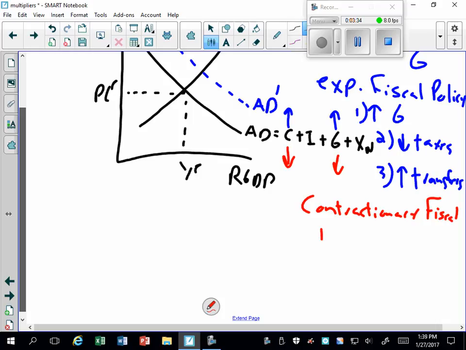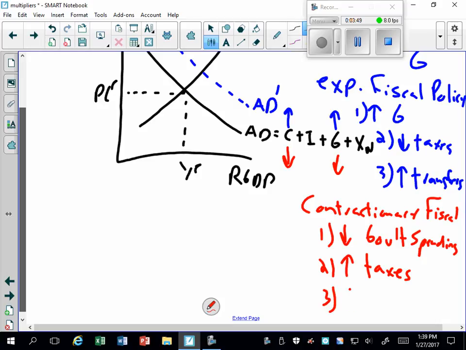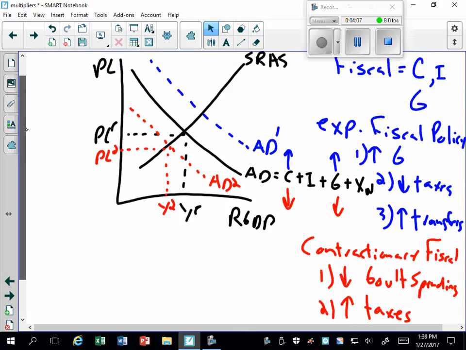That would be to lower government spending. It would be to increase taxes, like personal income taxes, and decrease transfers. And that would cause aggregate demand to shift to the left. And you can see what the impact of both of those policies are going to be.